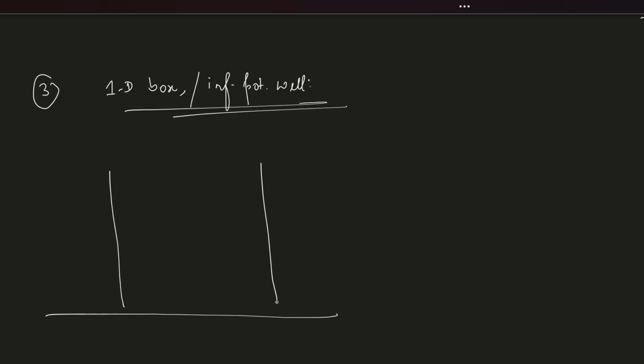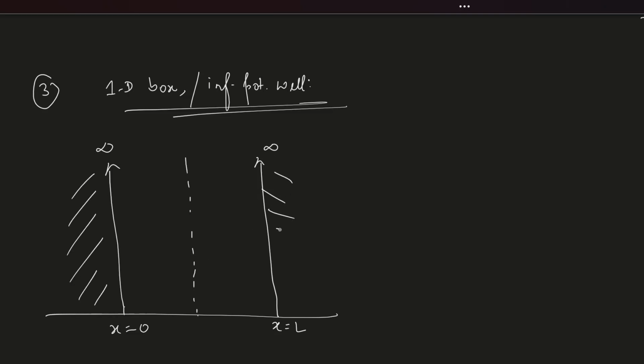So the basic diagram is this. I prefer to draw a diagram at every stage. This is the potential box, or a 1D box, where the boundary of the box is sitting at infinite potential. From both sides the potential is infinity, and inside, from 0 to L, which is the size of the box, V equals 0.